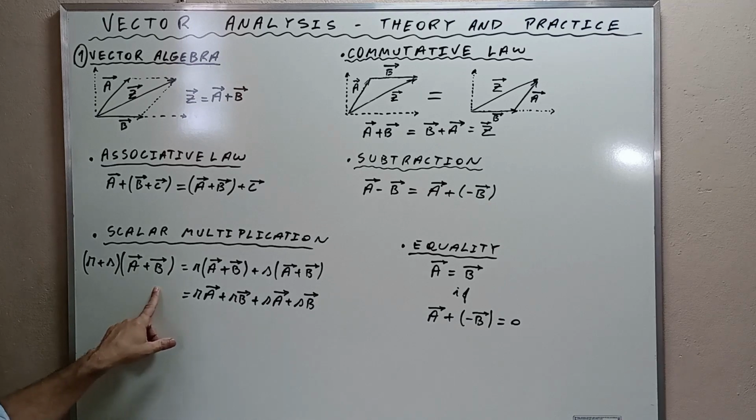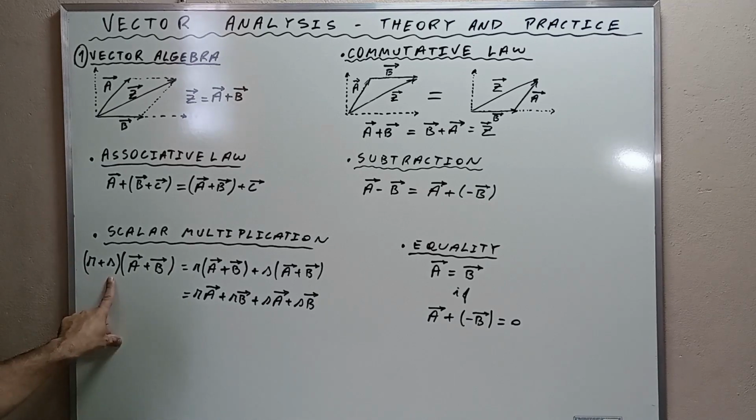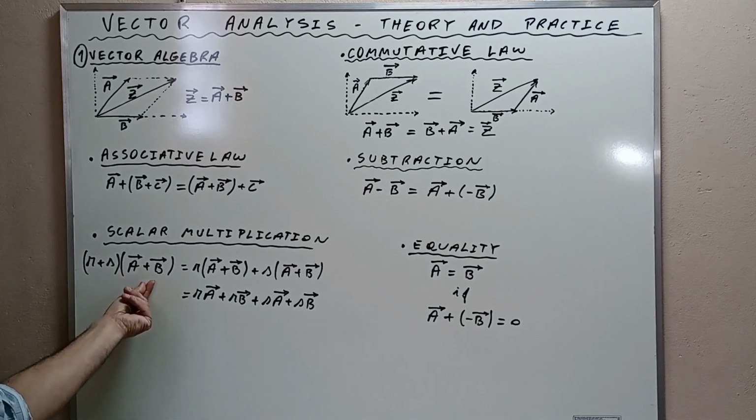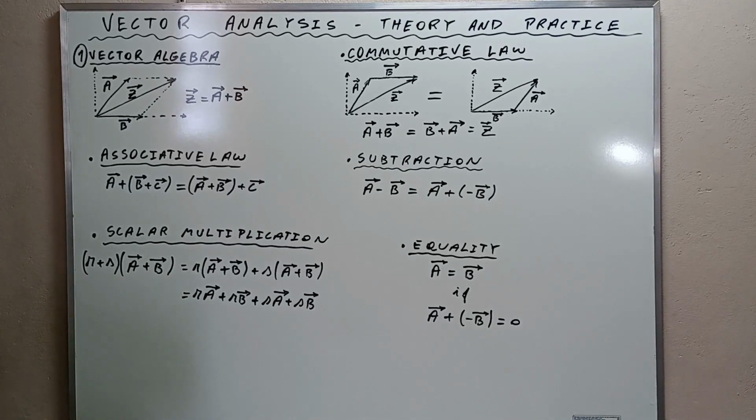Now let's see this. R and S are scalars, while A and B are vectors. We are going to multiply scalars by vectors, and this is done using both the associative and the distributive laws.